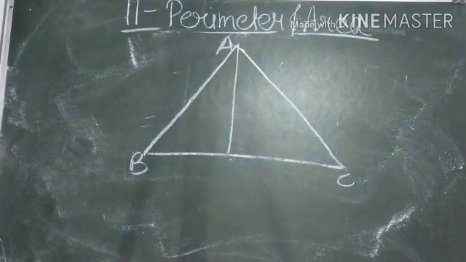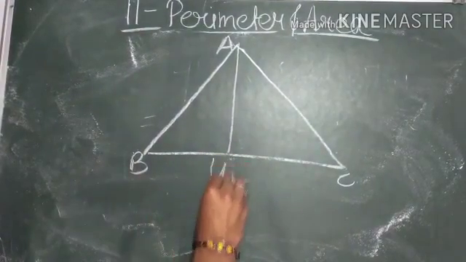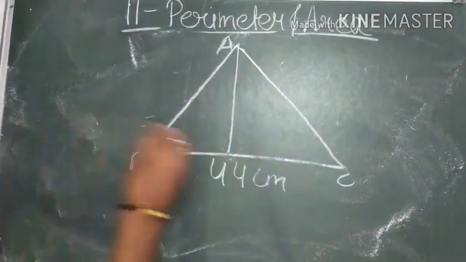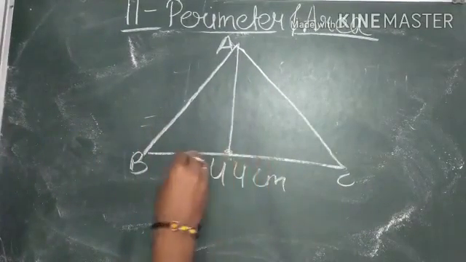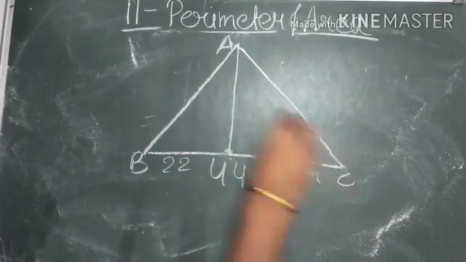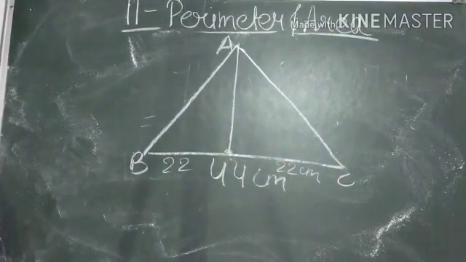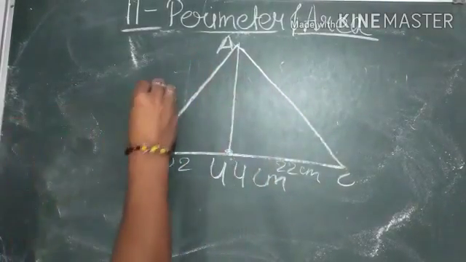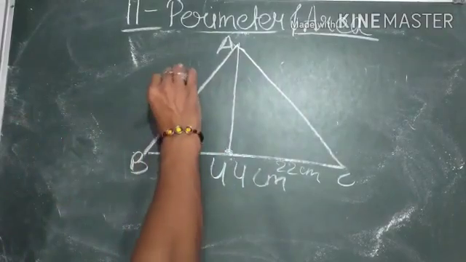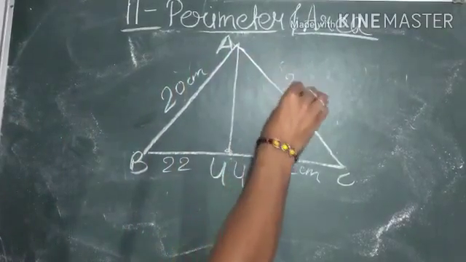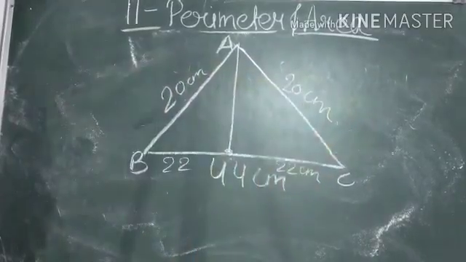Now let's take this one as 44 centimeter. As the perpendicular bisects the side, this will be 22 centimeter and 22 centimeter. And let's take the other two sides as 20 centimeter and 20 centimeter.